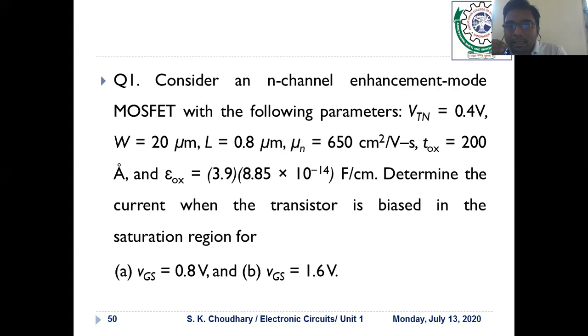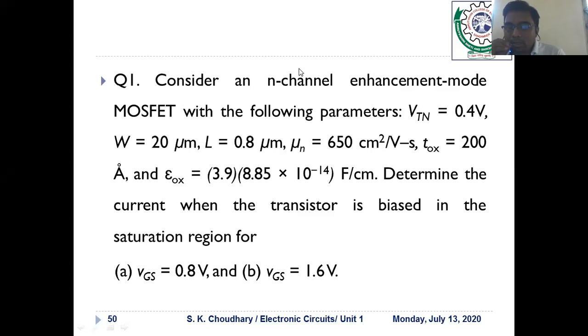That was the question I asked in the previous lectures. Consider an N-channel enhancement mode MOSFET with the following parameters: VTN is equal to 0.4 volt, W is equal to 20 micrometer, L is equal to 0.8 micrometer, mu n is equal to 650 centimeter square per volt second, and TOX is equal to 200 angstrom.